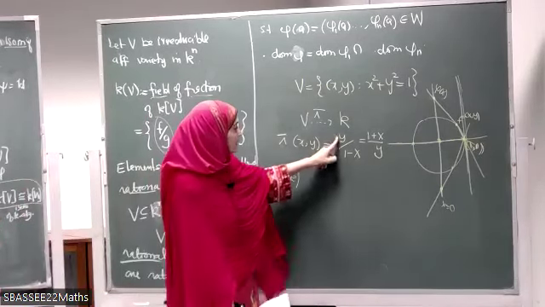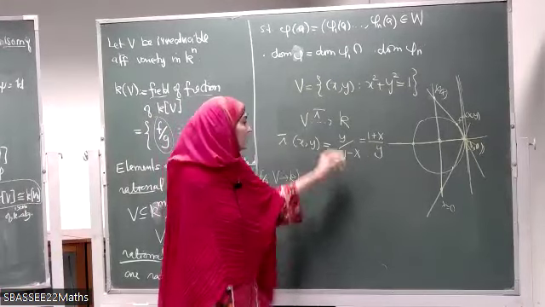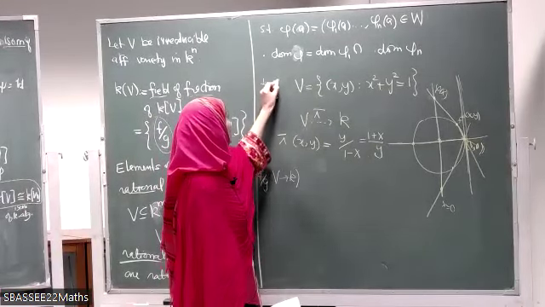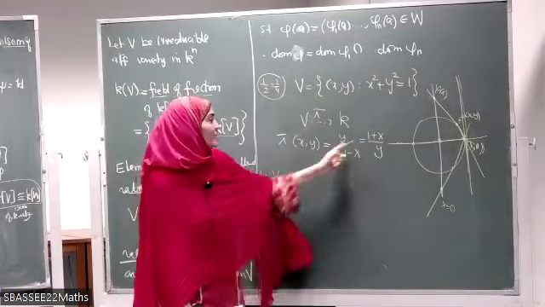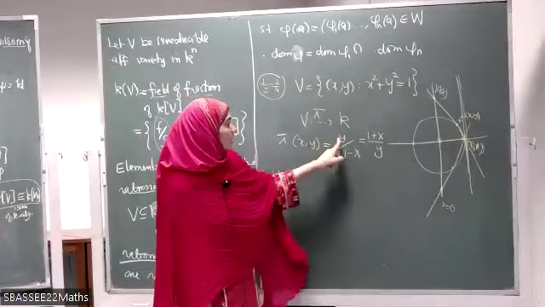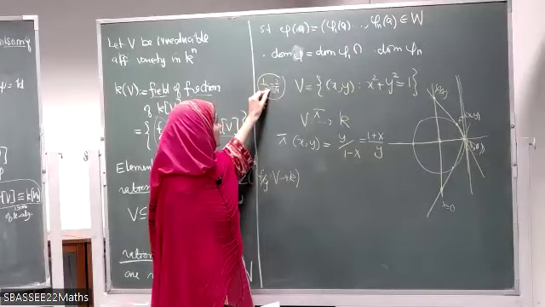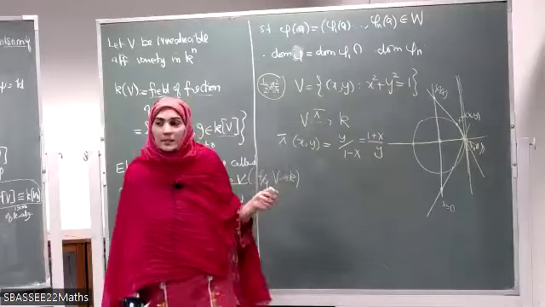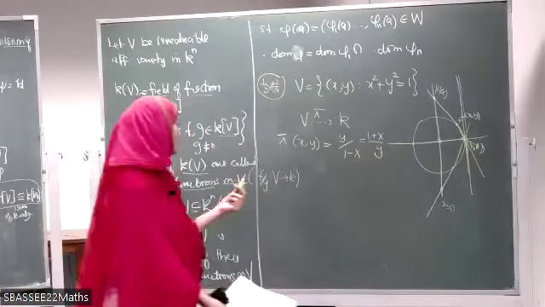You can see that this rational function is the same as this rational function, like 1/2 is the same as 2/4. You can check why this is true: you just need to check the cross product. If they are the same, then definitely they are the same, similarly to rational numbers.